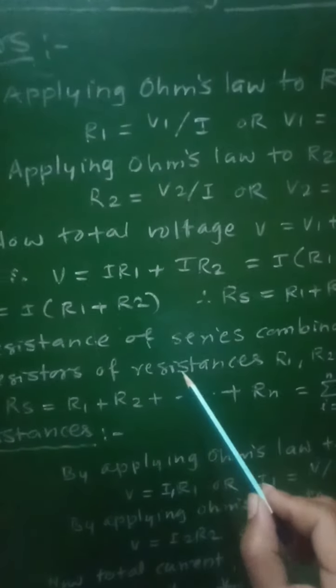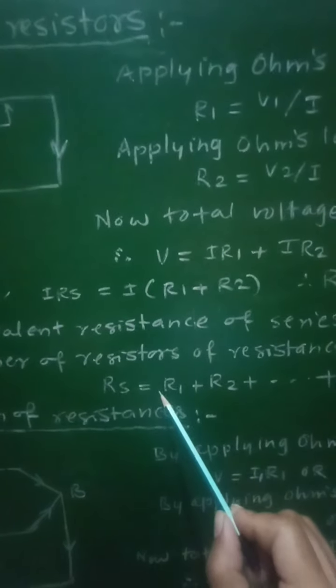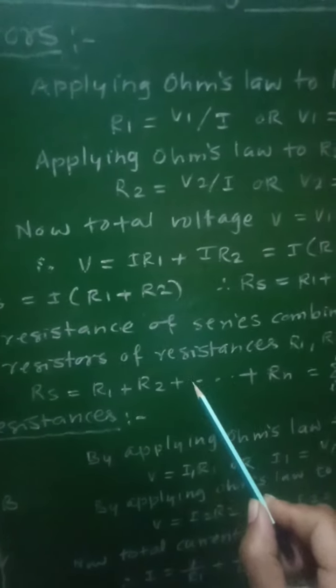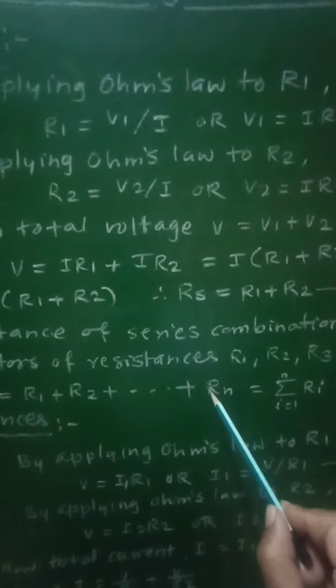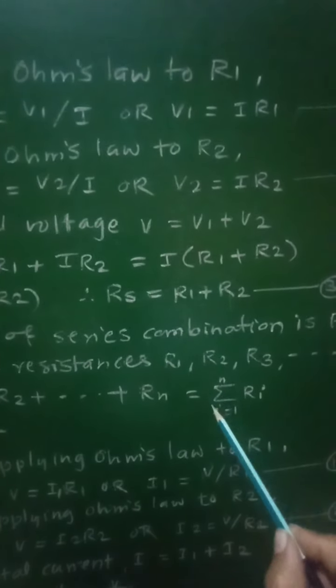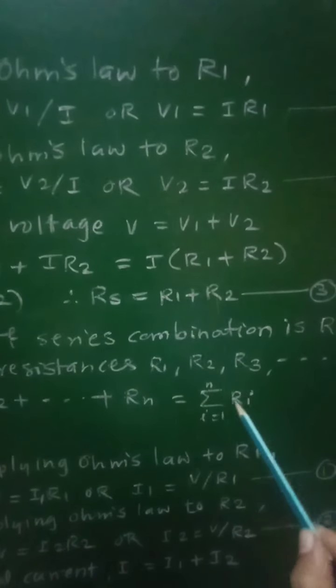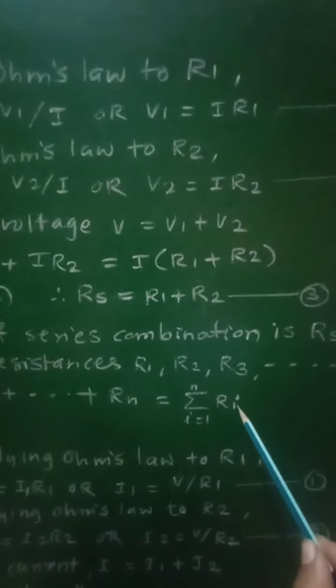Then when they are connected in series, we can write RS is equal to R1 plus R2 plus ... Rn. That will be equal to the summation over i from 1 to n of Ri, where i takes values 1, 2, 3 up to n.